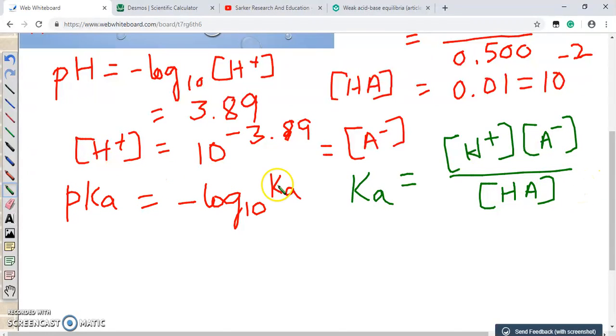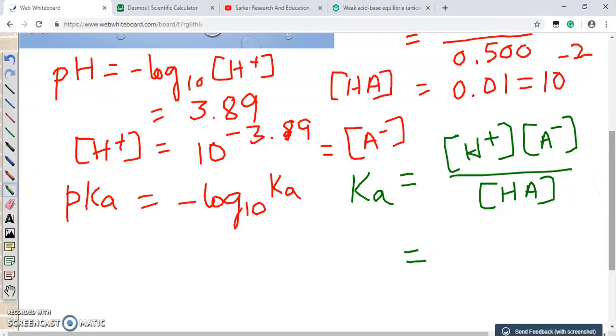So in order to find the value of pKa, we will have to find the value of Ka, and to find out the value of Ka, we need the concentration of proton, the conjugate base, and the monoprotic acid. Actually we have all these values ready, so let us just substitute.